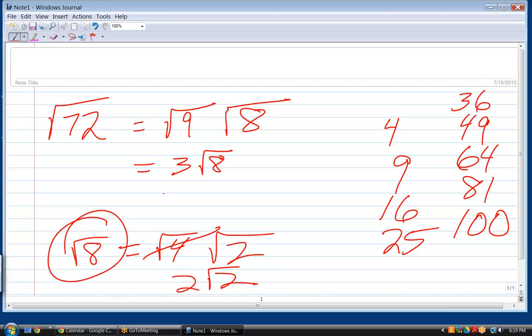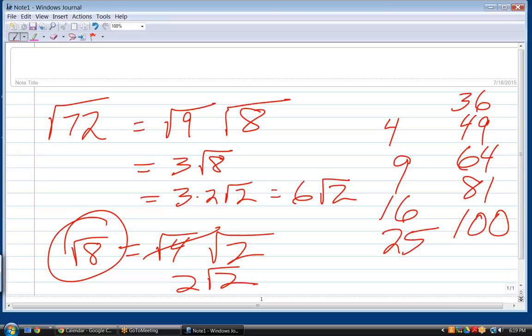So I go back up here and I got 3, and instead of the square root of 8, I'm going to put 2 root 2. Well, what's 3 times 2 root 2? It's 6 root 2.